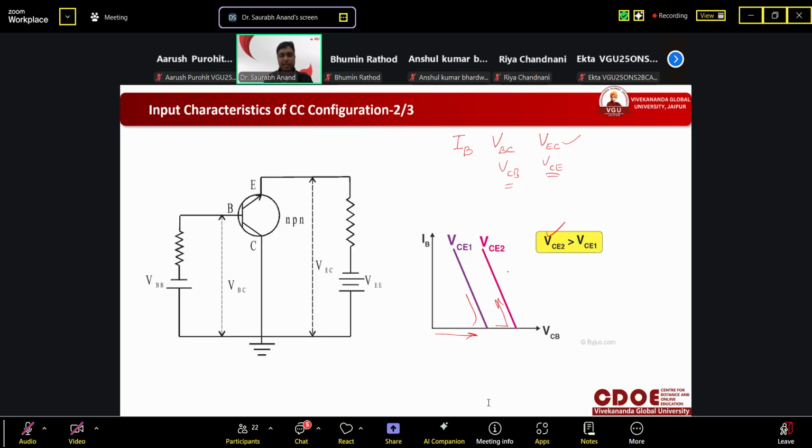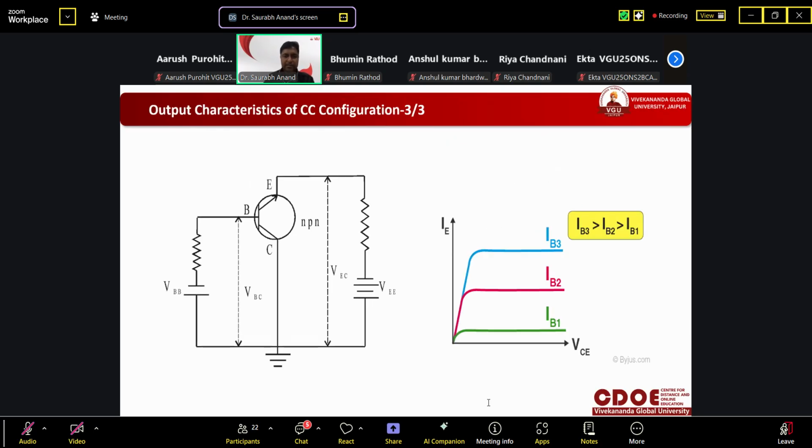So this is the input characteristics of the common collector configuration. In this case, you can see that this VCE is greater than this one. So higher output voltage means higher input voltage and higher current; lower input current and input voltage, both.